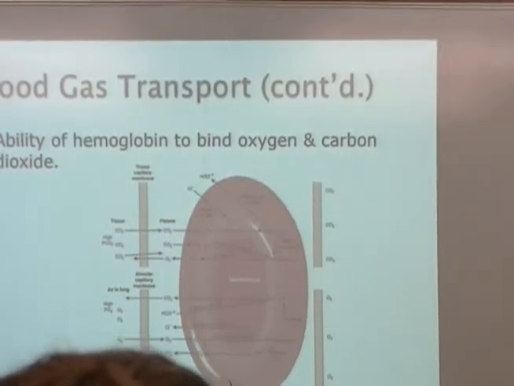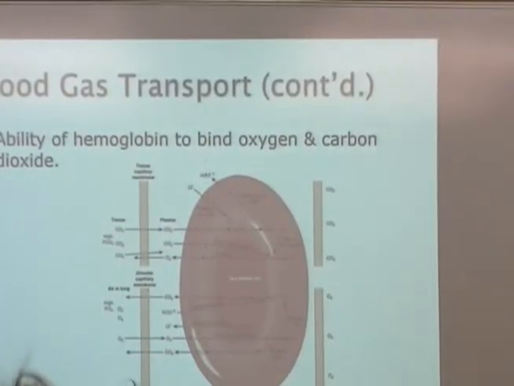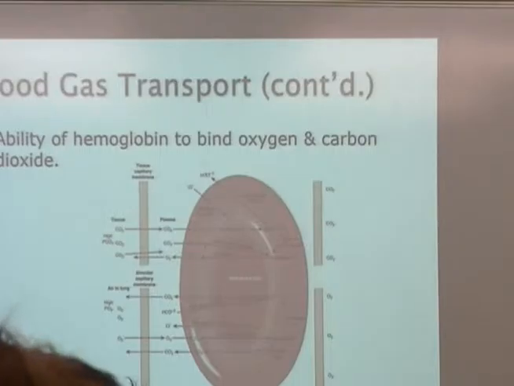So carbon dioxide coming the other way can get dissolved into the plasma, somewhere around 10%, 12%. Only about 20% jumps onto the hemoglobin. And the rest of it is changed into bicarbonate, transported as bicarbonate, which releases a hydrogen, so it increases acidity, so it helps get the oxygen off.